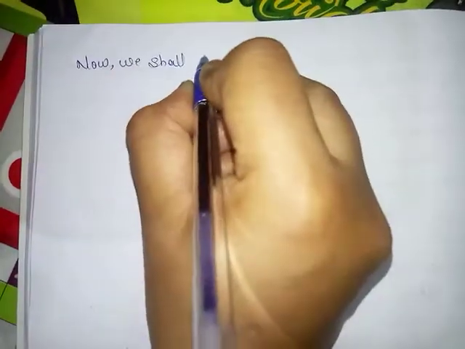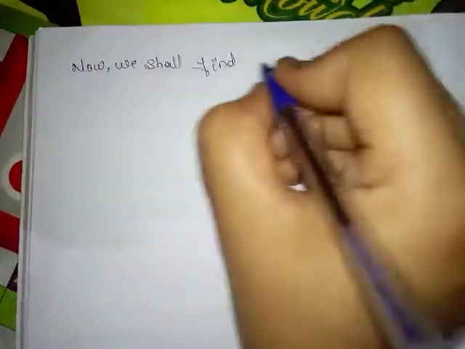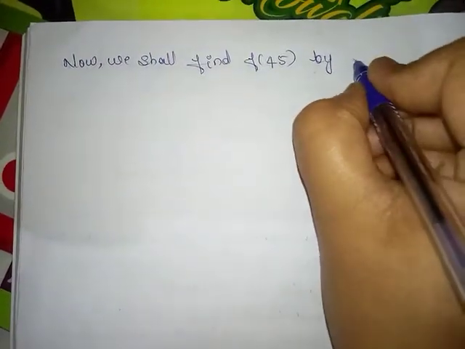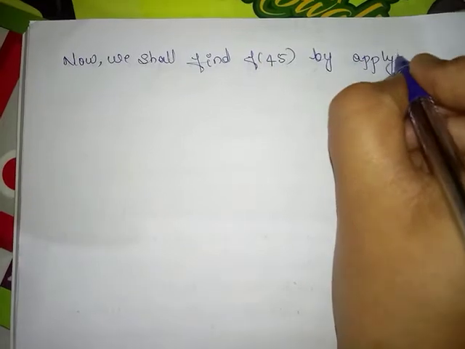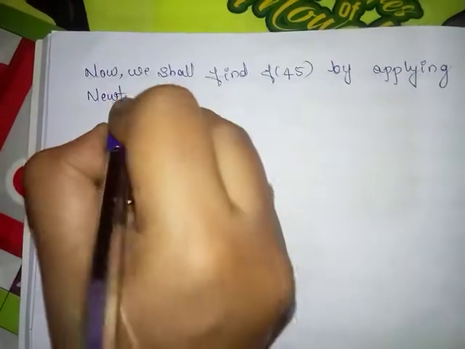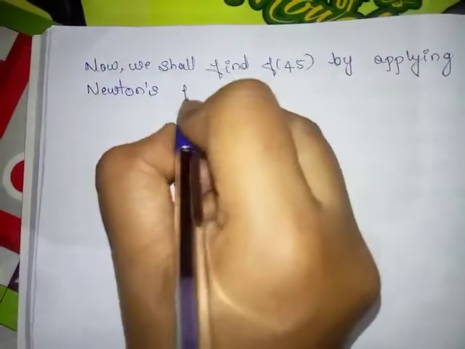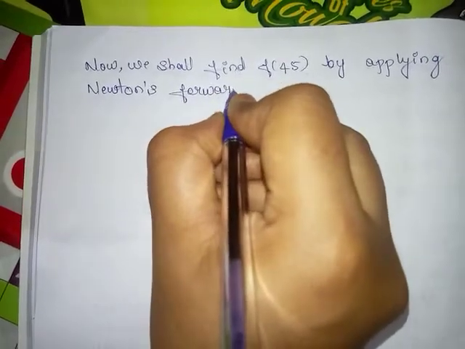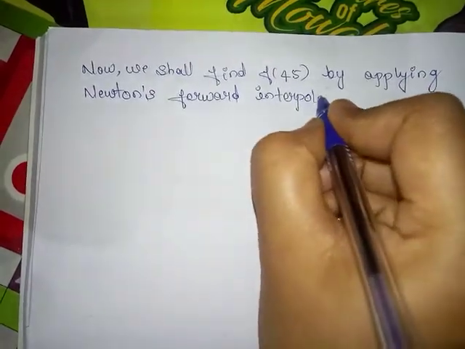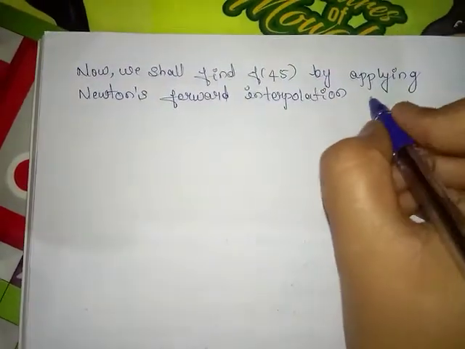Okay, now we shall find f of 45 by applying Newton's forward interpolation formula.